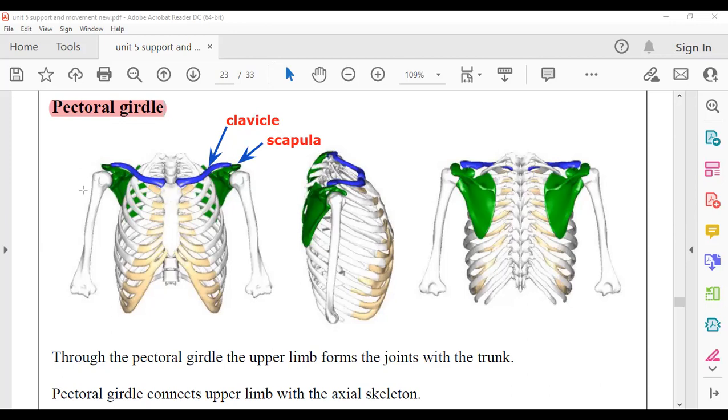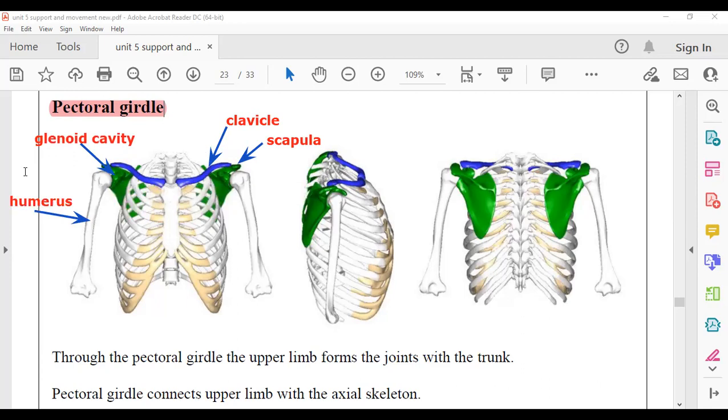In the pectoral girdle, especially in the scapula, in this place, there will be a small cavity. That cavity is called by the name, what is the name given? Glenoid cavity. In the glenoid cavity, a ball and socket joint is there. A bone articulates. This bone is called by the name, which bone?